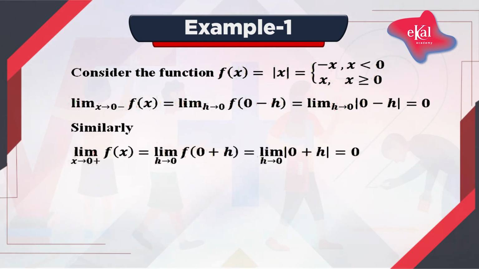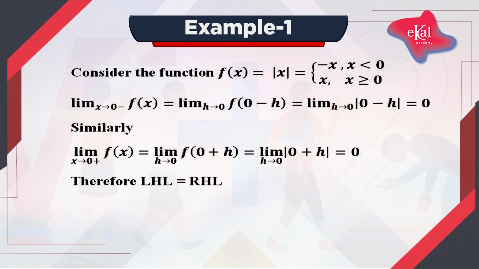Similarly, limit x tending to 0 plus f of x, which means limit h tending to 0, f of 0 plus h, is equal to 0 plus h, and when h is tending to 0 it becomes 0.